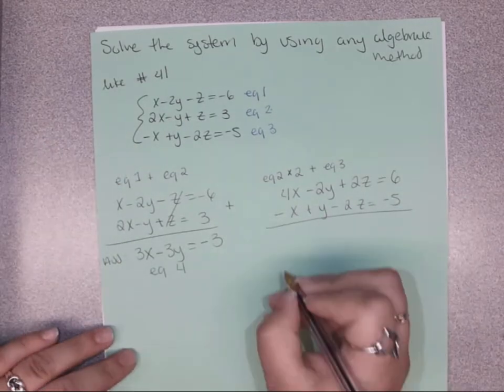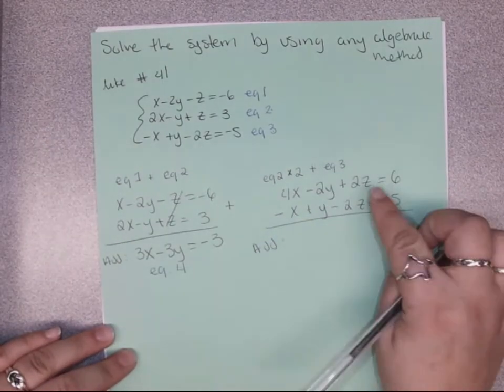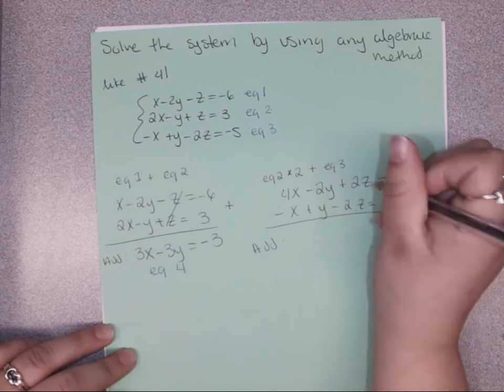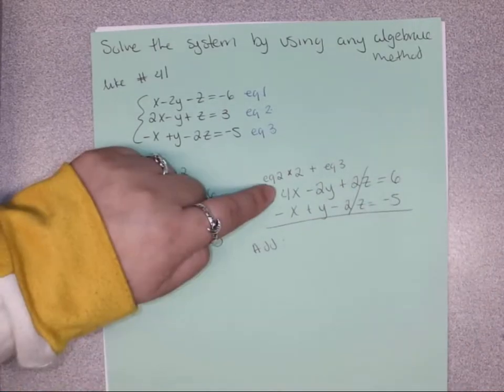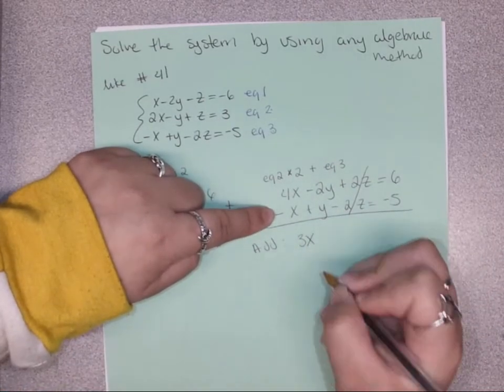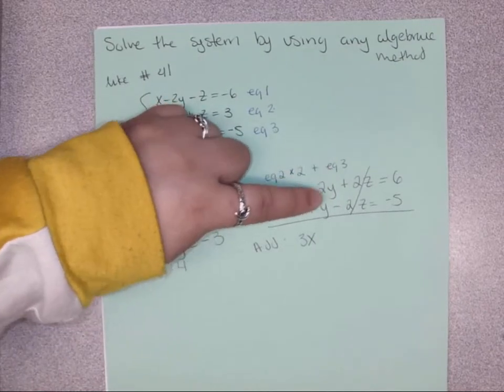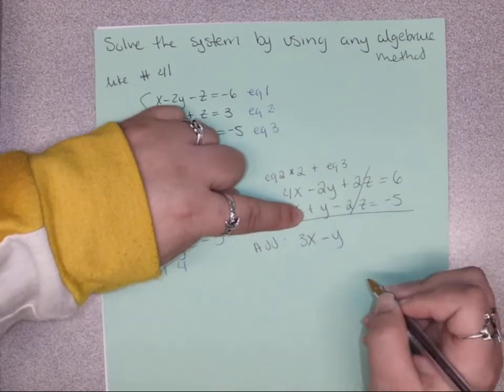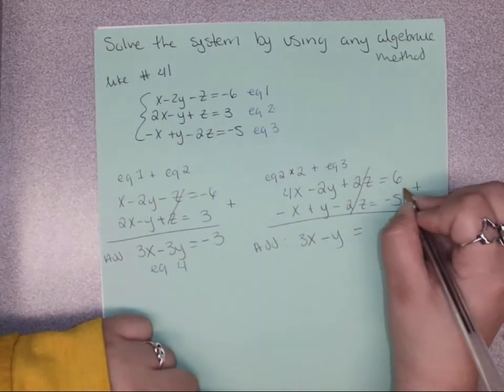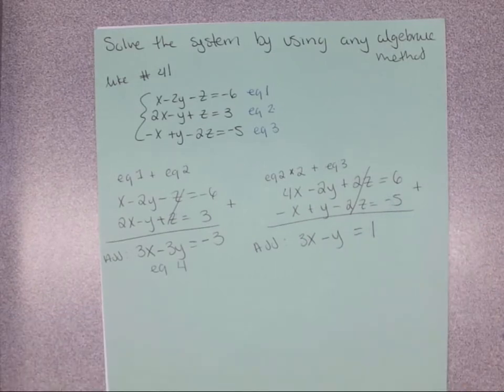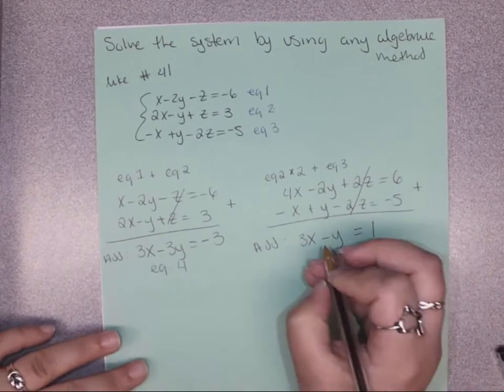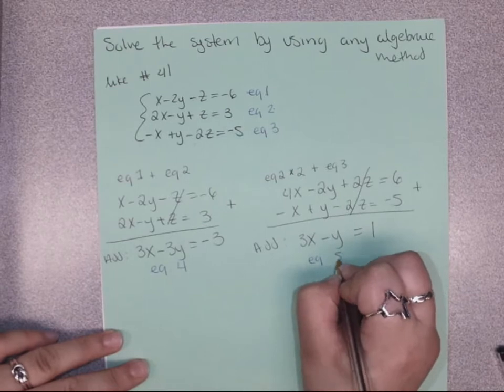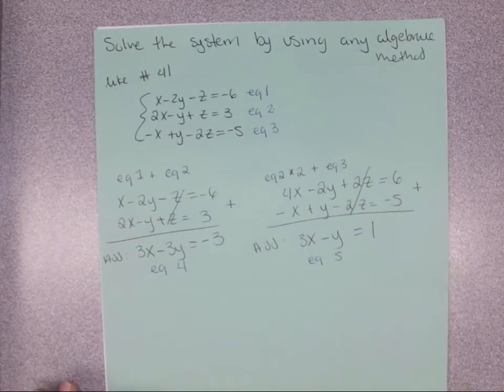Now you can see when we add them together, the z's cancel out, which is what we were looking for. So I have 4x minus x, we end up with 3x. We have negative 2y plus y, which is negative y, equals 6 plus negative 5, which is positive 1. We have created a new equation, and I'm going to name it equation 5.